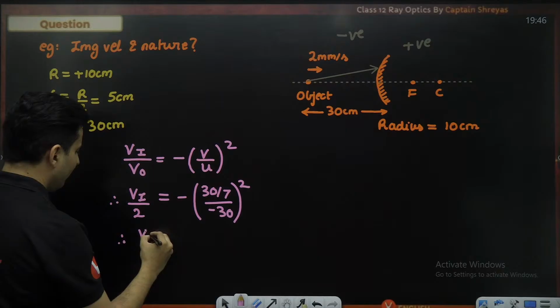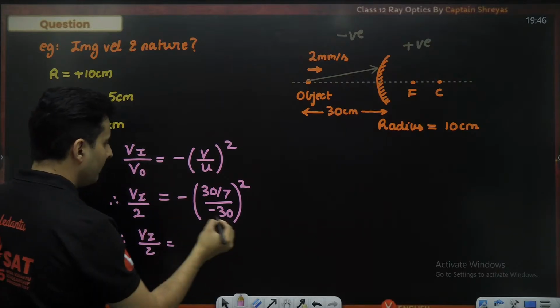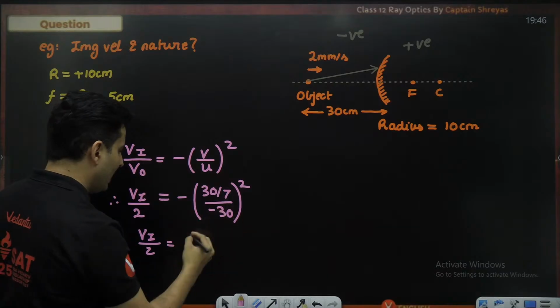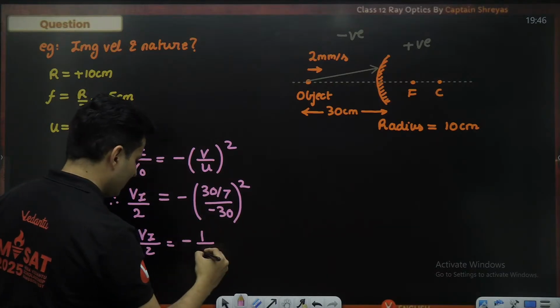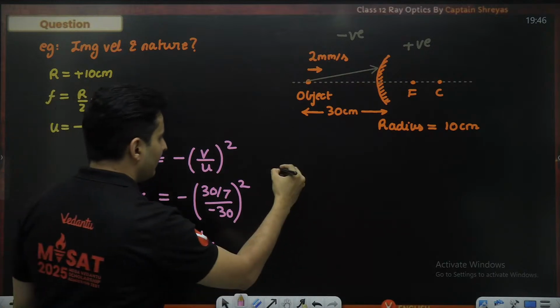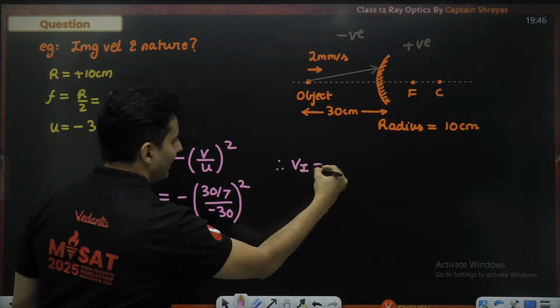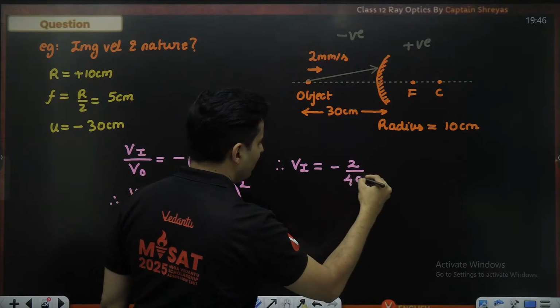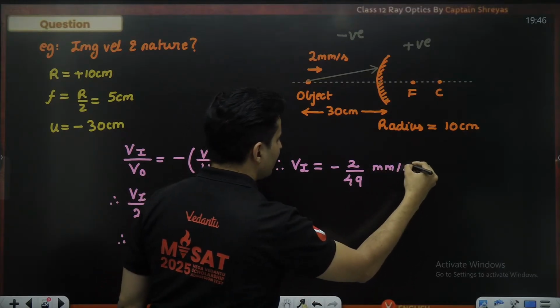So therefore, Vi by 2 will become, 30 cancels, minus square is positive, so it will become 1 by 7 square. 1 by 7 square is 1 by 49. 2 goes on the other side, so therefore I will get image velocity as minus 2 by 49, but this is all in millimeters per second.